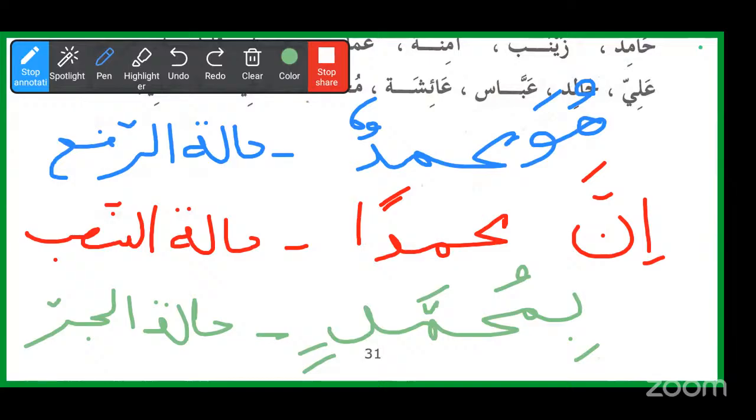I am just explaining what is halatul rafa, what is halatul nasab, and what is halatul jar, with one example each. If I start telling you about all the words that give nasab, then it would be confusing. Then we have halatul jar. For example, you can say ala Muhammadin, bi Muhammadin, etc.